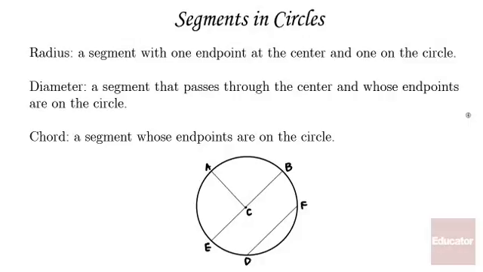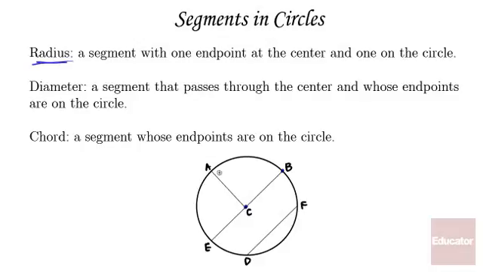The first is the radius. Radius is a segment whose endpoints are on the center and on the circle. So one endpoint is on the center, and the other endpoint is on the circle. So here, this segment CB or BC, doesn't matter which way, is a radius.